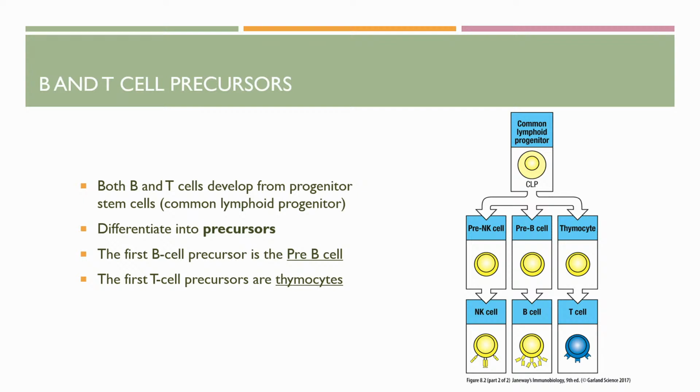Those then can mature into B cells, T cells, and NK cells. They differentiate into these precursors after they are common lymphoid progenitors. That's why they are called pre-B cells and thymocytes, because they're precursors.